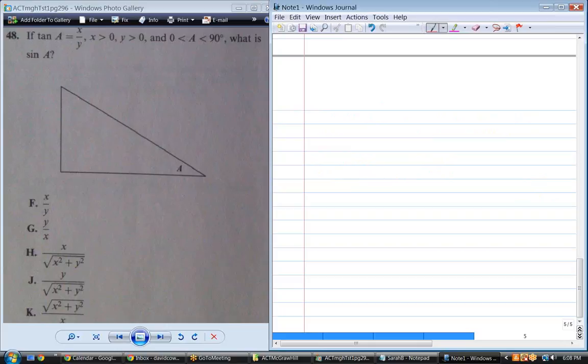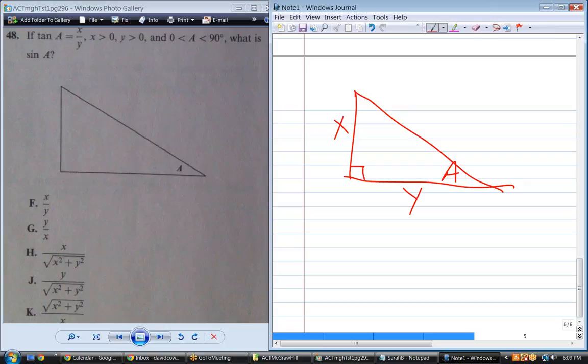Tangent A. So tangent is opposite over adjacent. Okay. So the opposite, that side is X. The side across from, and Y. And then the sine is the opposite over... Y over X. Sine is what?